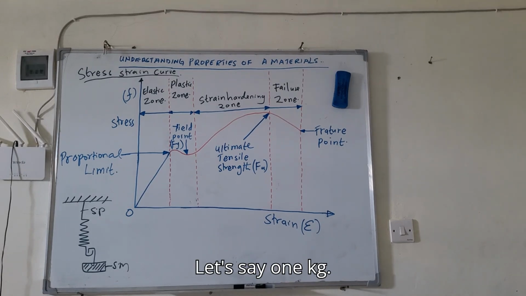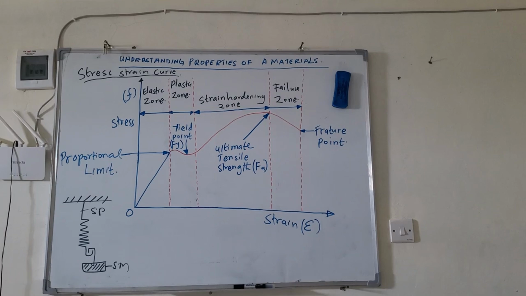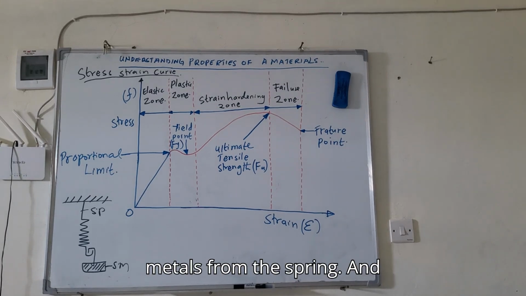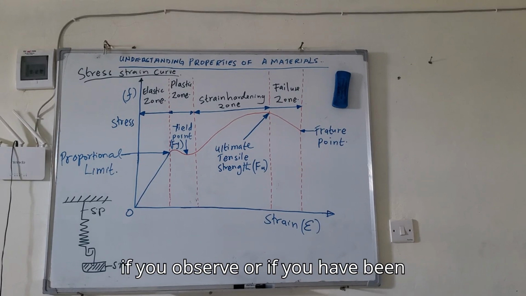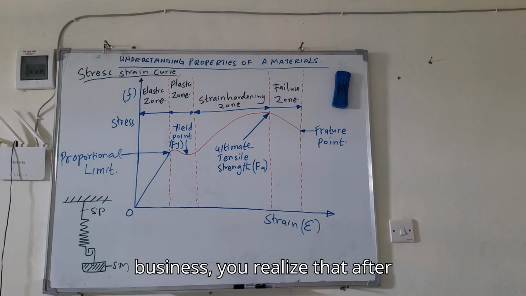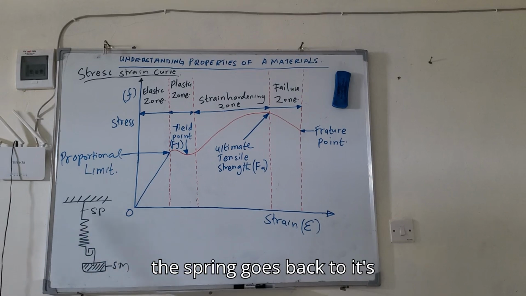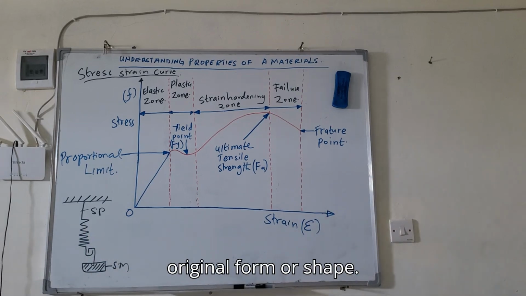Let's say 1 kg. So after doing so, he will remove these scrap metals from the spring. And if you have been observing keenly, if you are doing this business, you realize that after removing these scrap metals, the spring goes back to its original form or shape.